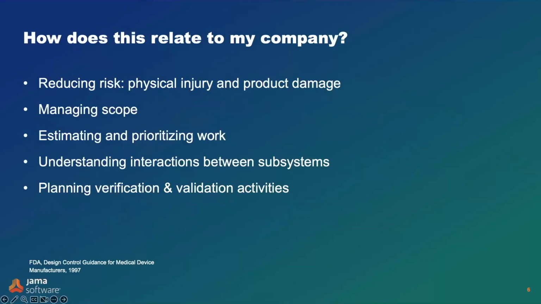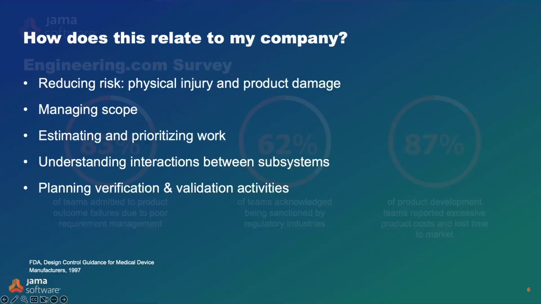These help with managing scope creep and prioritization. Requirements also serve as a connective tissue between subsystems, defining how they should interact and how that interaction should be verified. Ultimately, well-written requirements are also key to ensuring proper validation, meaning defining just how teams should determine if the intent of their requirements has been met. That is to say, did we build the right thing?